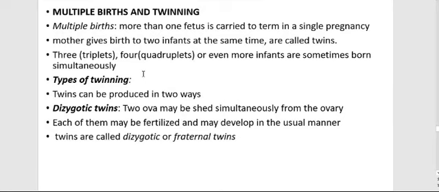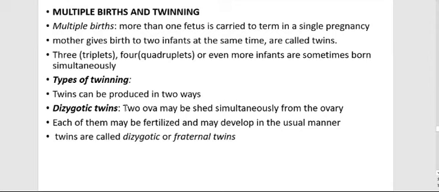Twins can be produced in 2 ways. First, dizygotic twins. These are formed when 2 ova are released from the ovaries at the same time, and then they are fertilized by 2 different sperms.